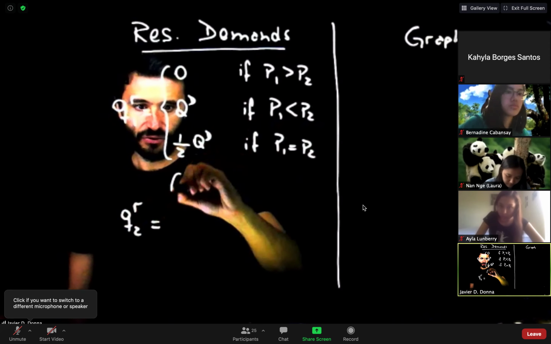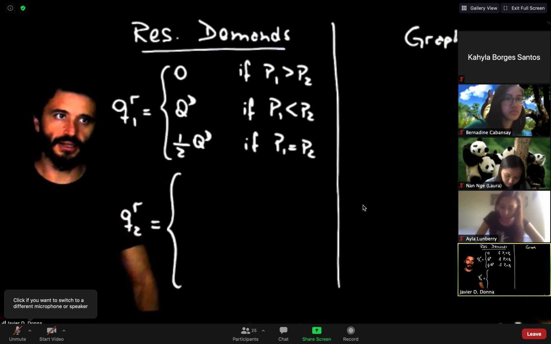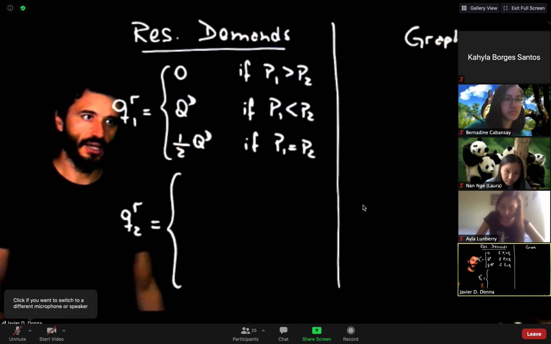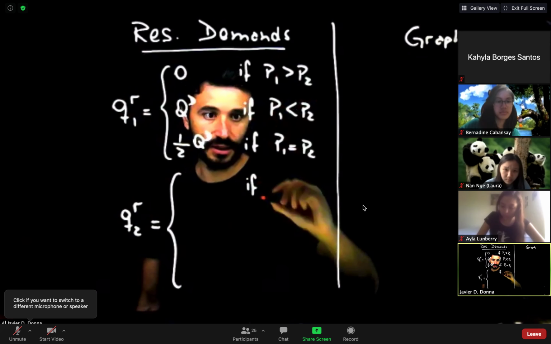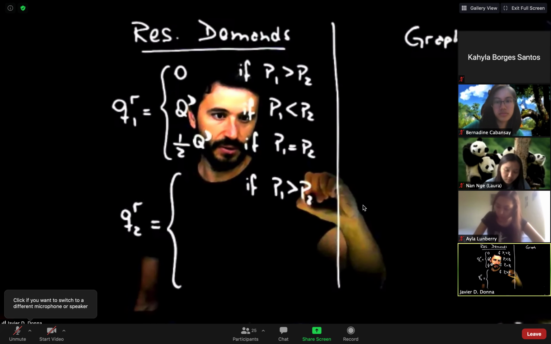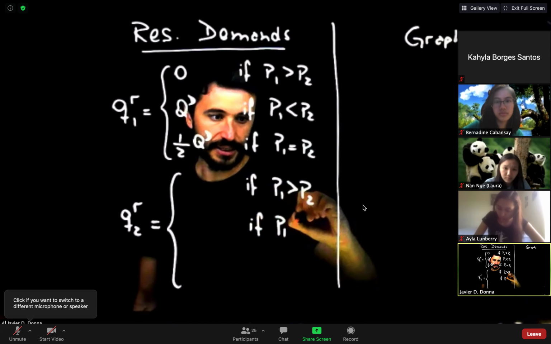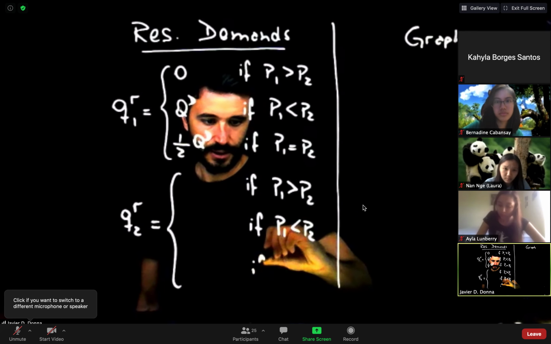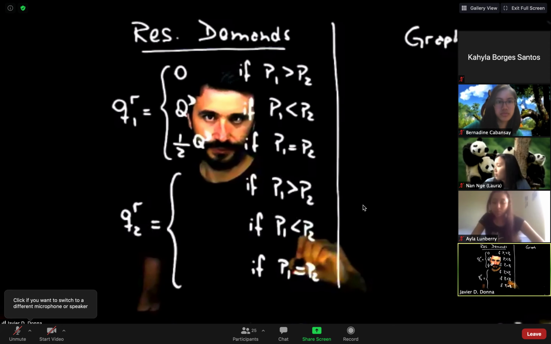The residual demand for firm 2 is going to be the opposite. It's going to be the reflection of this. So let me start by writing the conditions in the same order as I have here. First P1 greater than P2, second P1 less than P2, and finally P1 equal to P2.